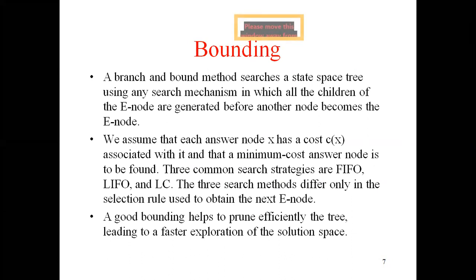A branch and bound method searches a state space tree using any search mechanism in which all the children of the E node are generated before another node becomes the E node.